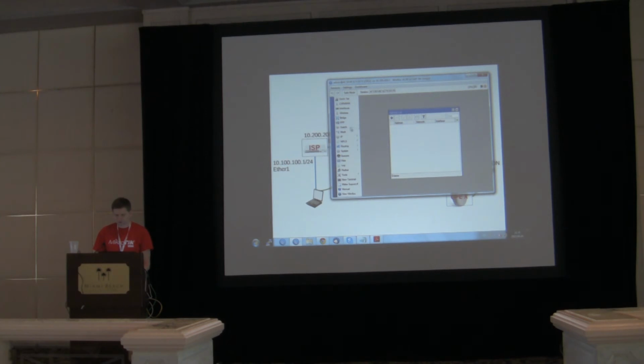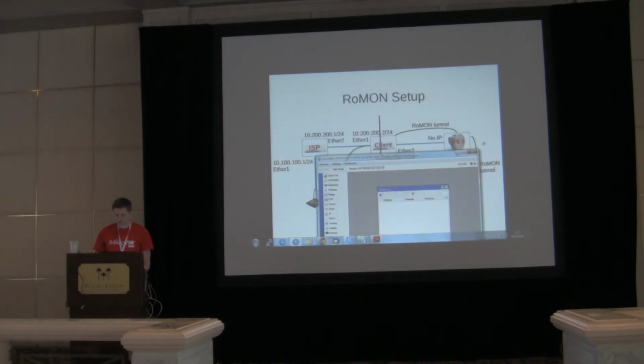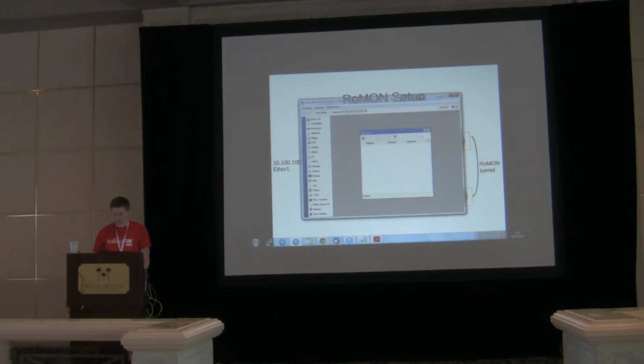And for example, with a RoMON remote device, we have a support case of a customer. He lost his router, he replaced his router, and he doesn't know how to configure it. He just knows how to connect and maybe do one simple thing. So he just needs to enable the RoMON ID, like I did here.